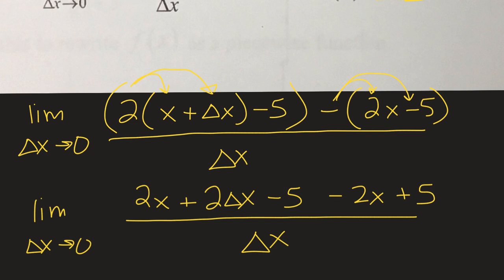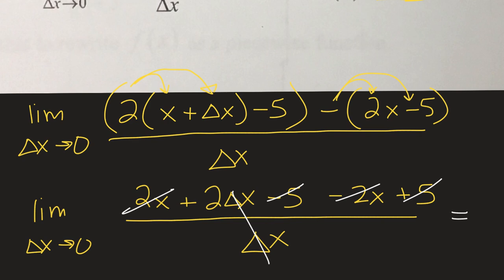What do you notice when we simplify this numerator? The 2x and the 2x subtract each other out. The 5s and the minus 5 subtract each other out. And the delta x divided by delta x. Okay, these problems are designed to simplify like this.